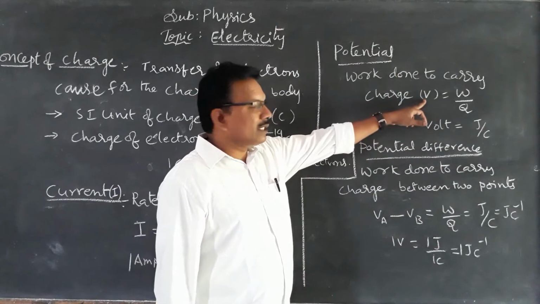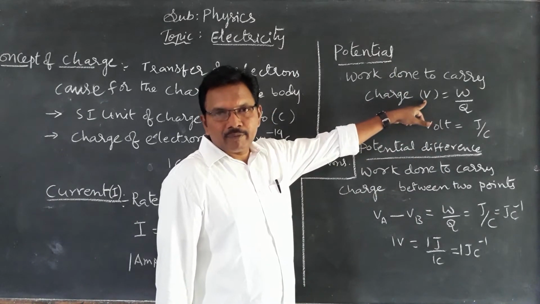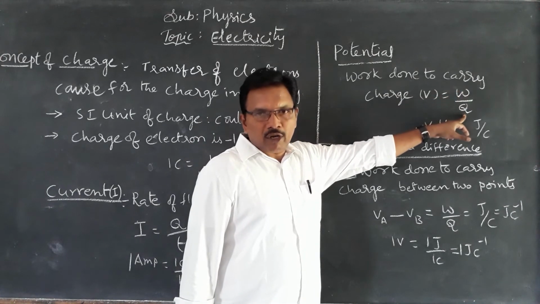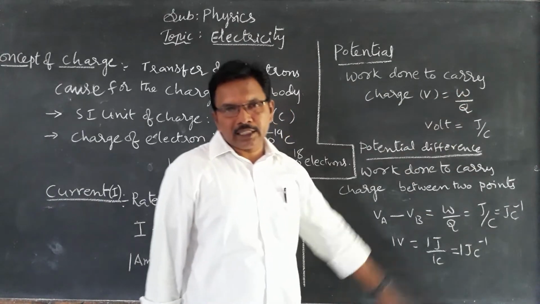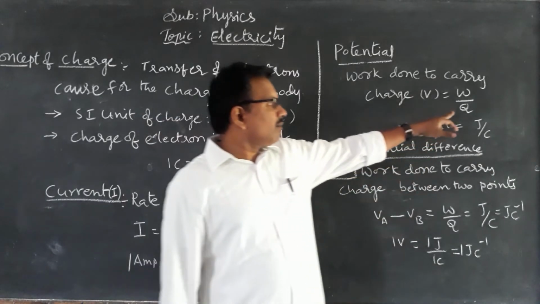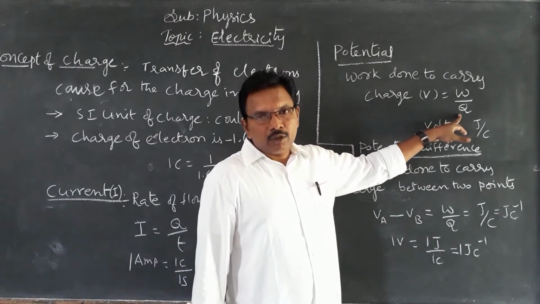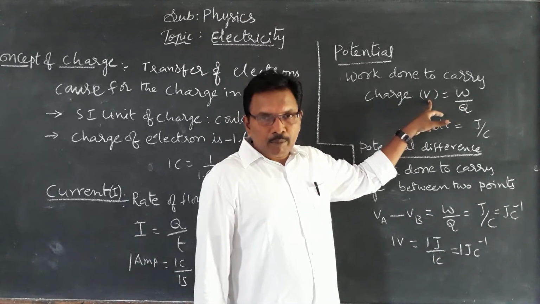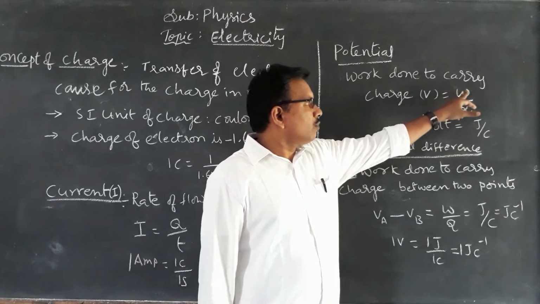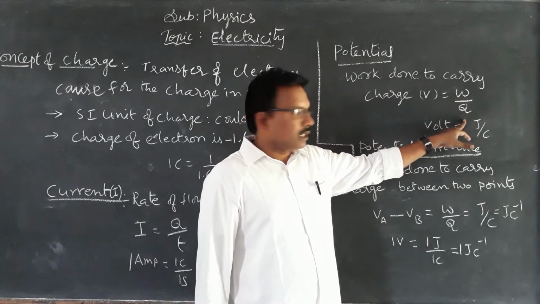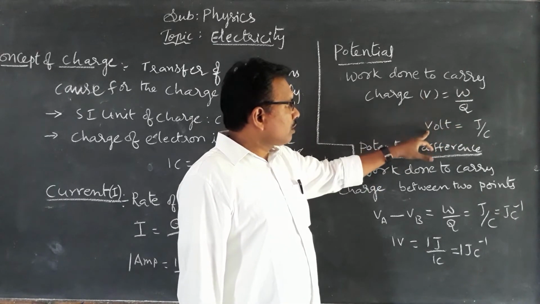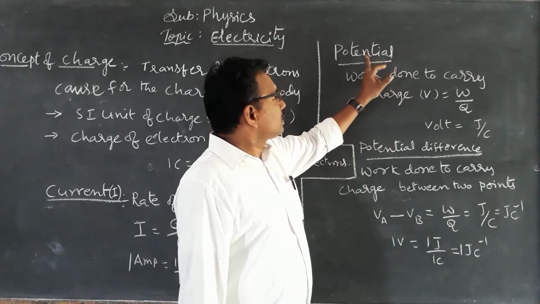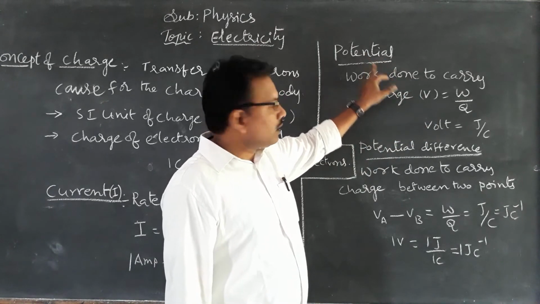Potential is represented with the symbol V. Then V is equal to the work done to carry charge. We know the symbol of work is W, the symbol of charge is Q, and the symbol of potential is V. So V is equal to W by Q. What are the units of potential?